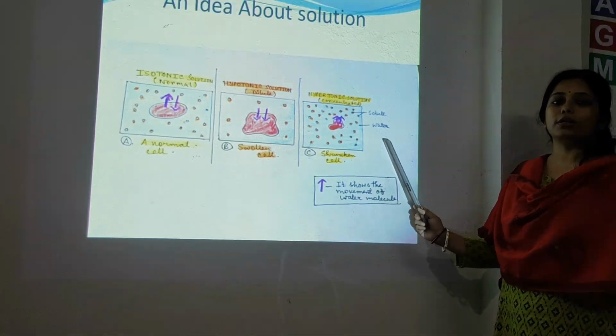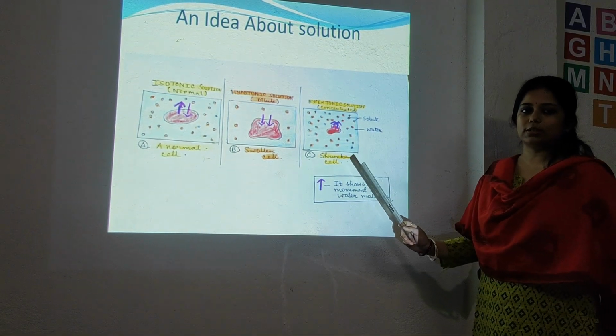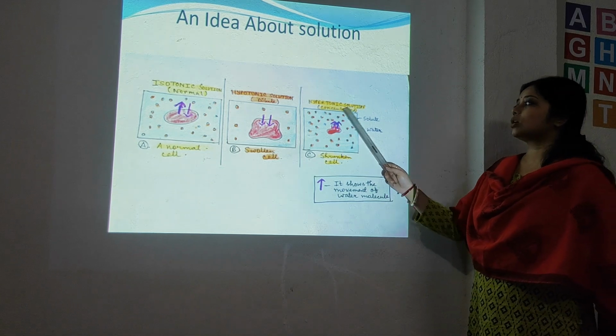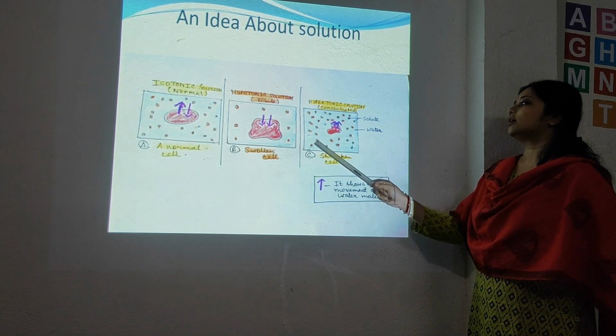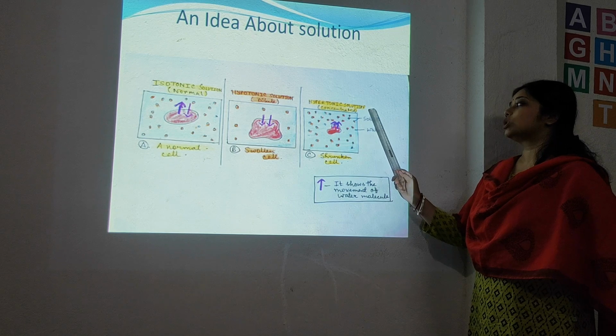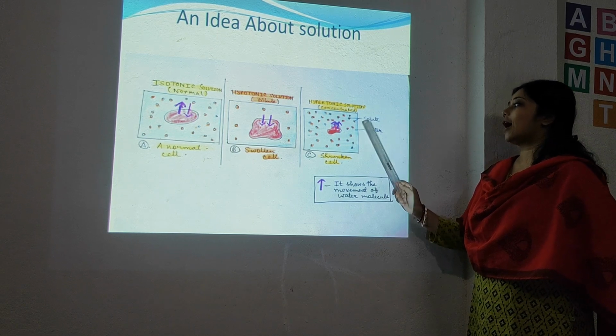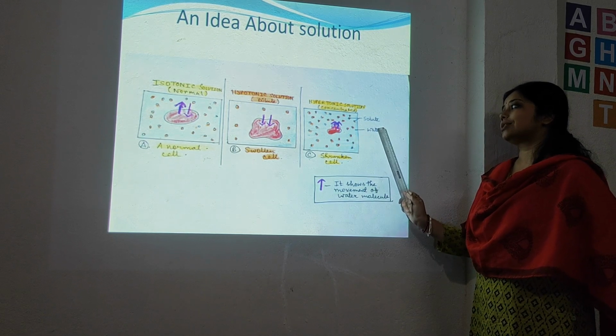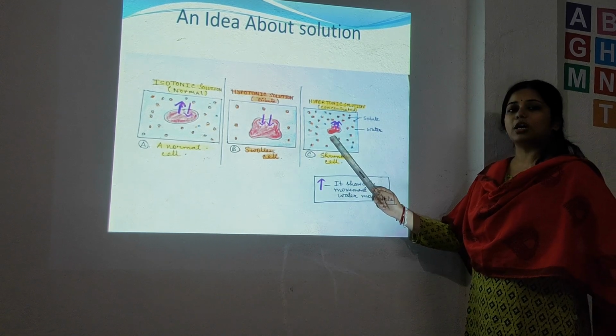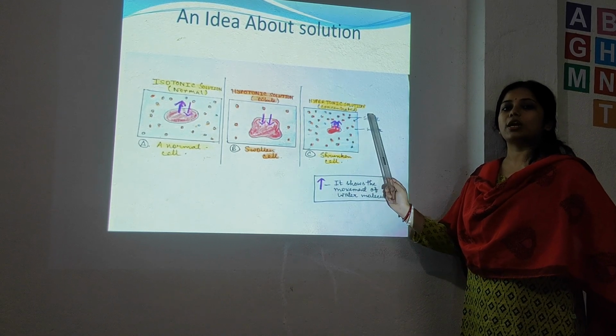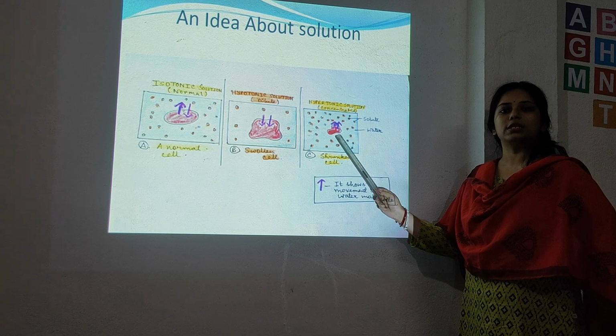This phenomenon is called exoosmosis. So in a hypertonic solution, the solute concentration is more and the water concentration is less compared to the solute and water in the cell sap.